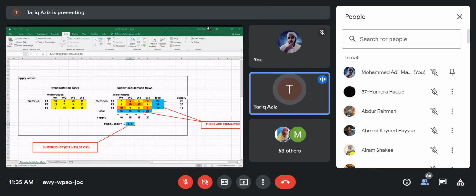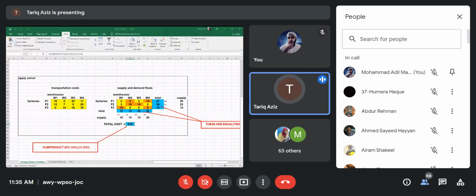So in this problem, our objective is to minimize. So we will select this option, that is MIN, which is the short form of minimize. So we have to minimize M38. M38 is the cell where the calculation of the total cost has been done.